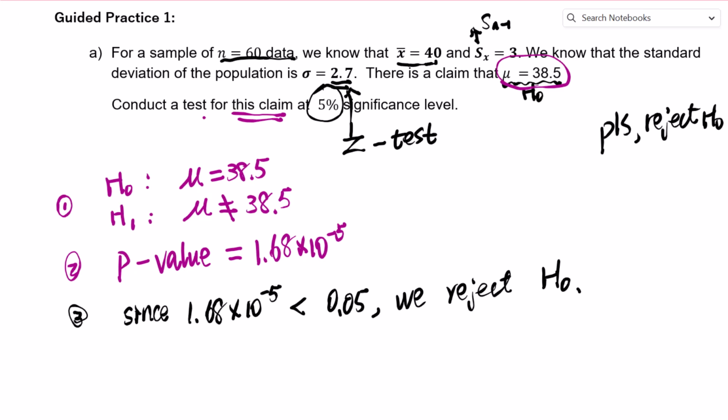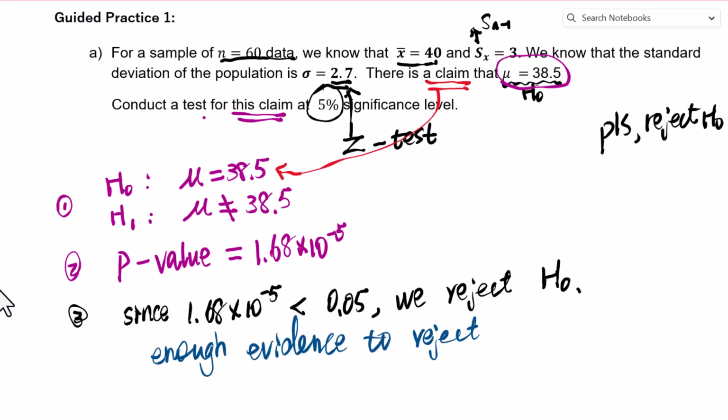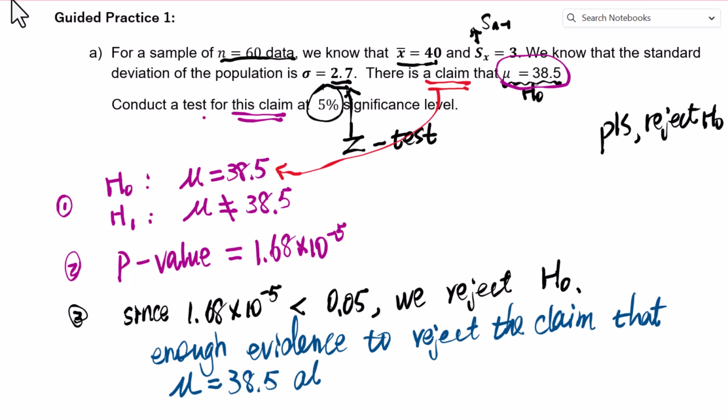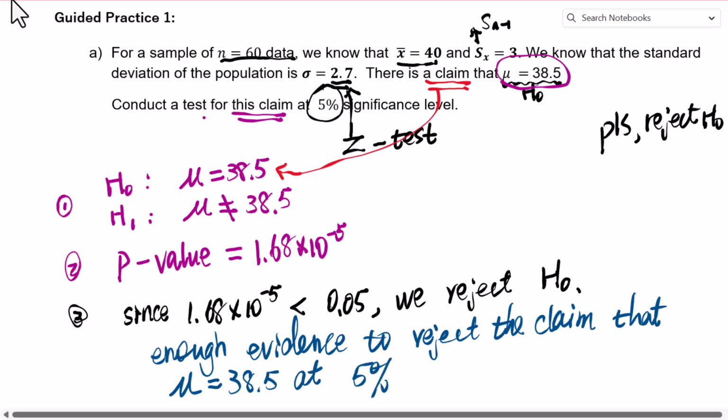From the given information, we are testing this claim. This claim is HO, so we reject this claim. Enough evidence to reject the claim that mu equals 38.5 at 5% significance level.